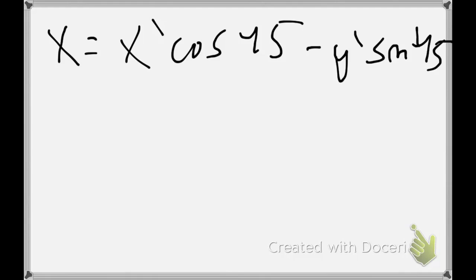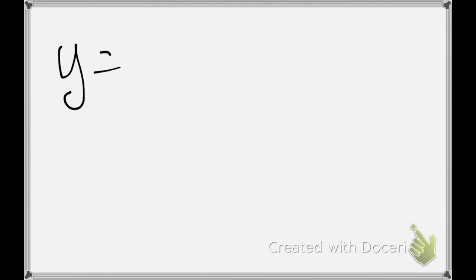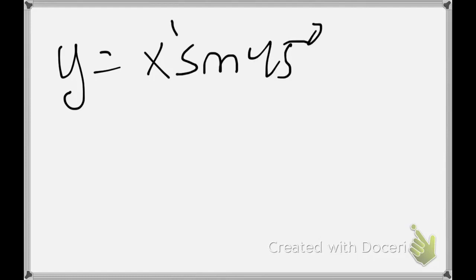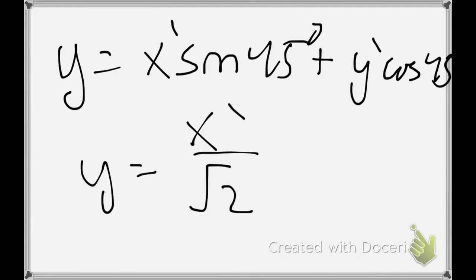We can simplify this down to x is equal to x prime over root 2 minus y prime over root 2. Now we can do the same thing for y. The formula for y is x prime sine 45 plus y prime cosine 45. This simplifies down to x prime over root 2 plus y prime over root 2. So that was step 2.